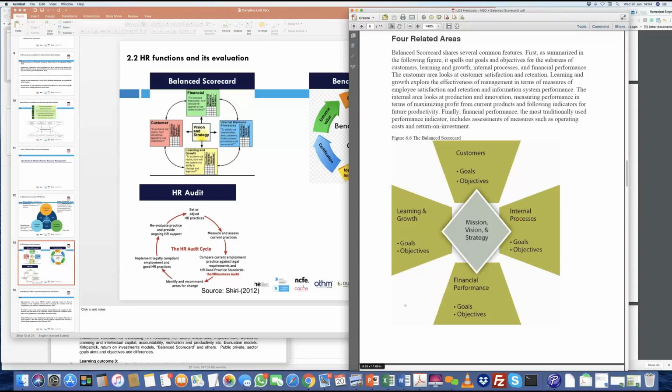That was also looked at in the overall evaluation of the performance of the employee within the organization. So this particular technique, which evolved in the 1990s, has now become a standard tool which organizations use to evaluate the performance of an individual within the organization.